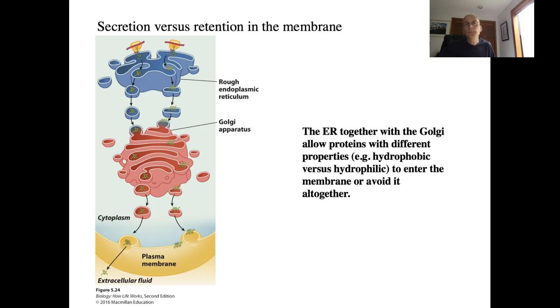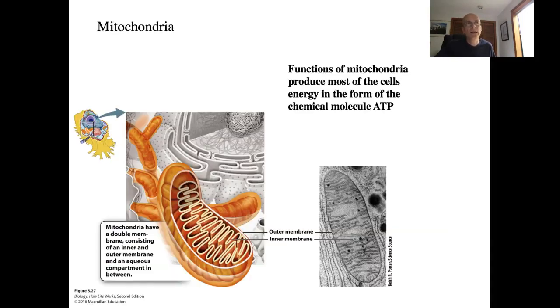But there are two very specific organelles that are not part of the endomembrane system, and that's the mitochondria and the chloroplasts. So let's take the mitochondria. The mitochondria are also bounded by a double membrane, so there are two layers of lipid bilayer membranes.